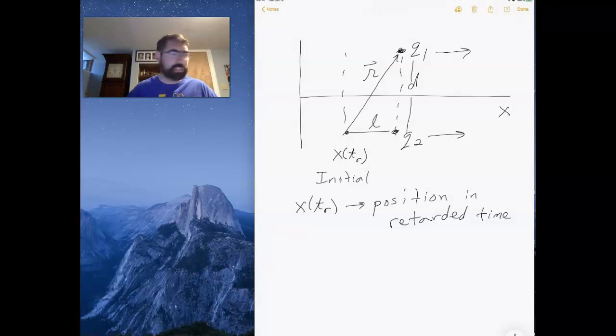And so we can look at the electric field on Q1.